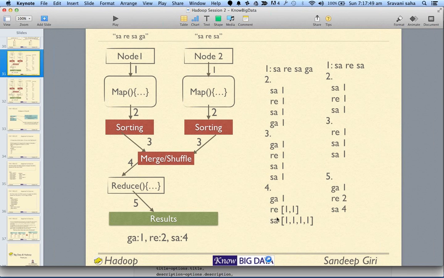That's all it did. And in the reduce, there is another line of code which says sum all the values. Whatever values come as an array, just sum them up. So the input to your reduce function is a key followed by an array of values, while the input to your map function is line by line or record by record input provided by Hadoop.